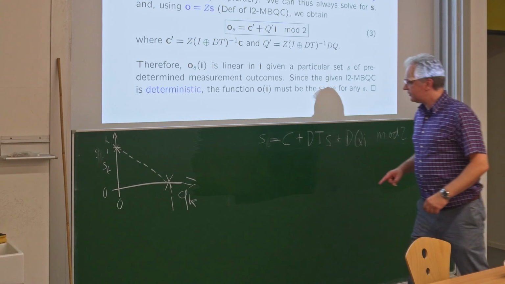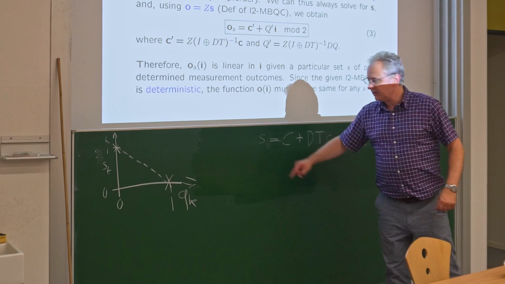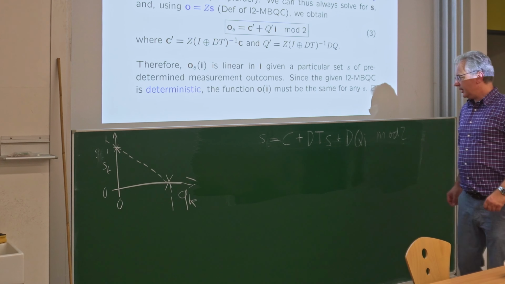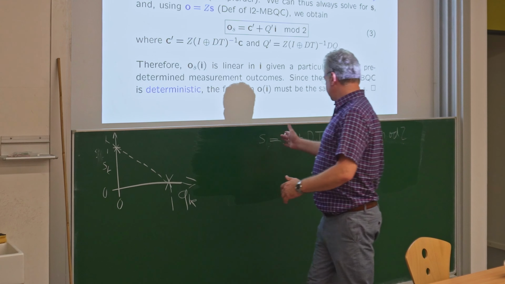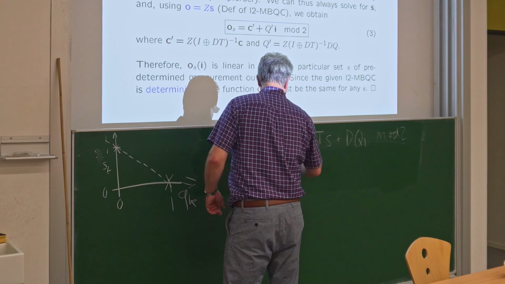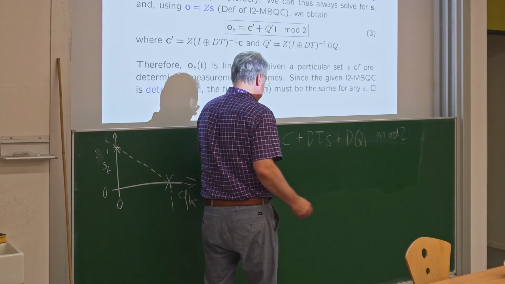Okay, and so now we see we have S on the left and the right. So we bring this term to the left, and this is addition modulo 2, so -1 is +1.